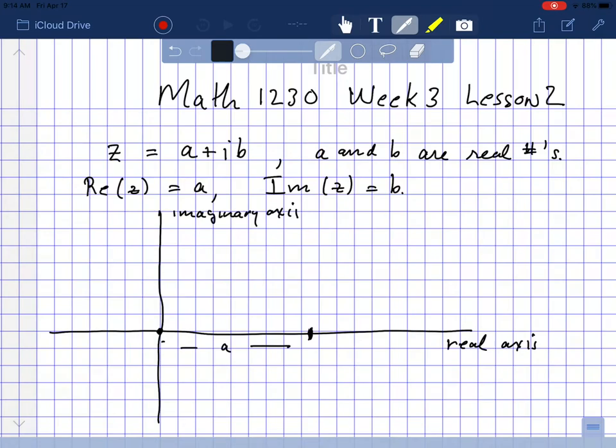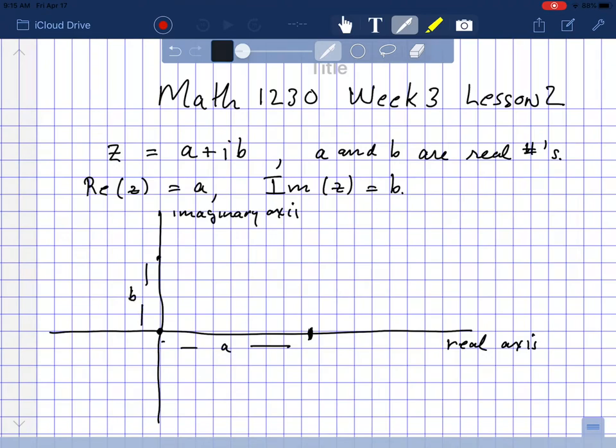Okay? And then I'm going to do the same thing with the imaginary part of z. So the imaginary part of z is equal to b, and I'm going to move b units along the imaginary axis away from the origin. If b happens to be positive, I'm going to move upward. If b happens to be negative, then I'm going to move downward. All right? And again, for our purposes, I'm going to assume that b is positive.